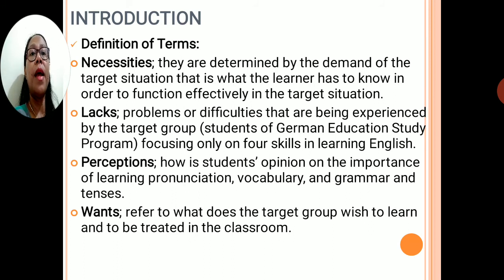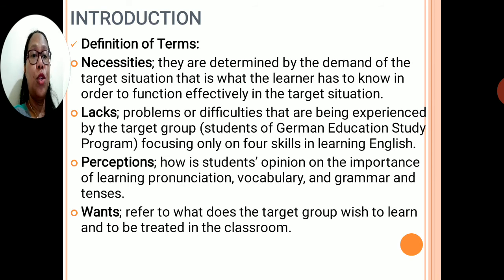So what I mean by necessities here is they are determined by the demand of the target situation, that is what the learners have to know in order to function effectively in the target situation. While lacks means problems, difficulties that are being experienced by the target group, in this case students of German education study program, focusing only on 4 skills in learning English.